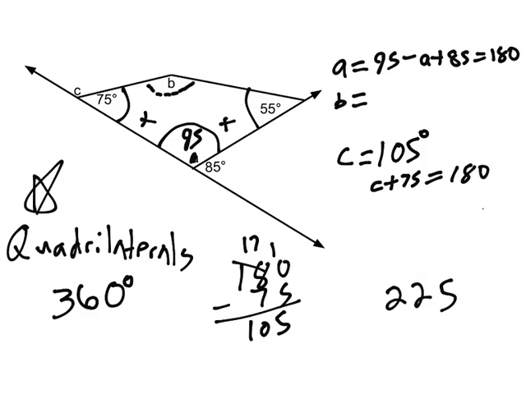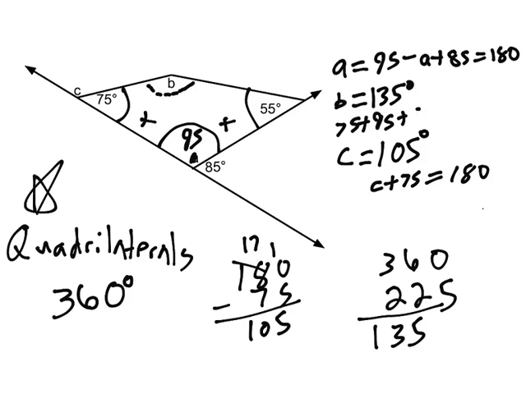I know all 4 have to be 360, so if I subtract that from 360, I'm going to get 135 degrees. So I now know that B is going to be 135 degrees because I know that 75 plus 95 plus 55 plus B has to equal 360 degrees.